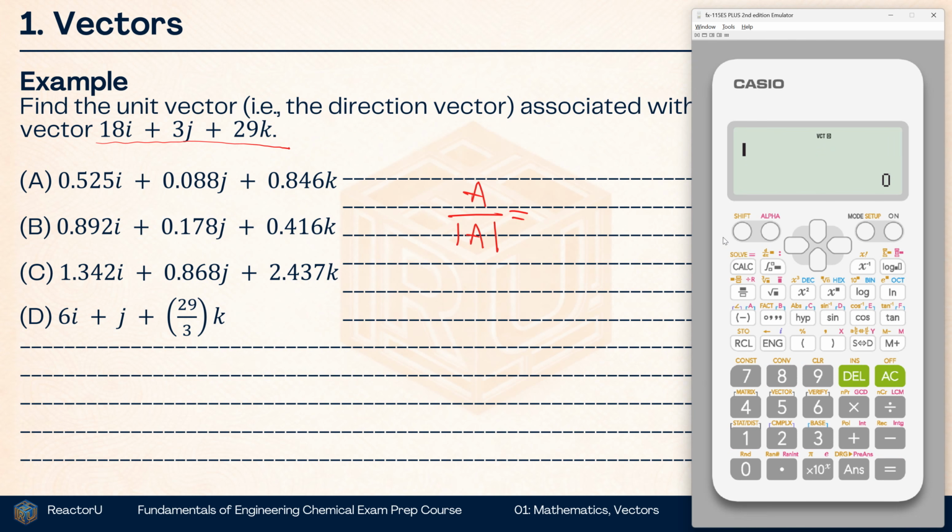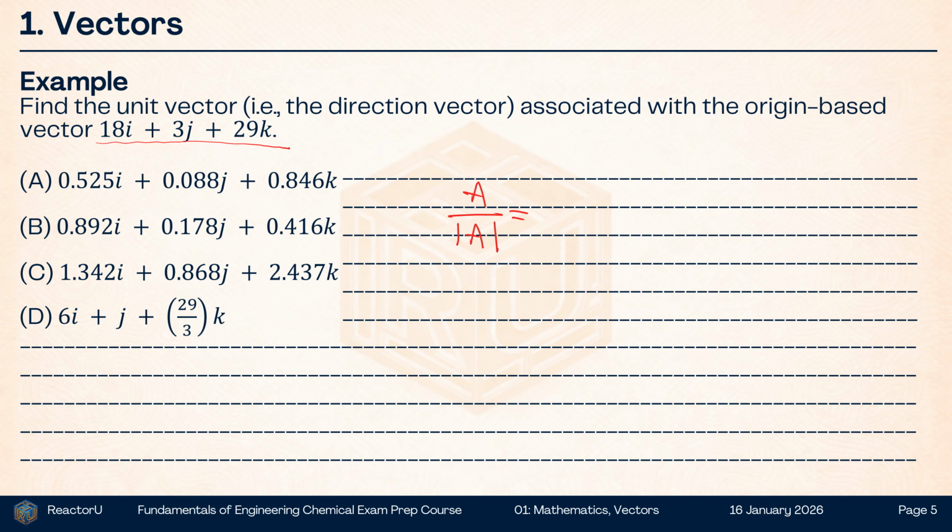Now we want to put the vector, so we will press shift 5 or vector, you can see it on top here, and then we will click 3 to give us vector A. Now we want to divide by the magnitude, the absolute, so we will click on shift absolute, and then put the vector one more time, close the bracket and press equal, and here we will get the answer, which is answer A from our question. Okay, this is how you can use vectors with the calculator.